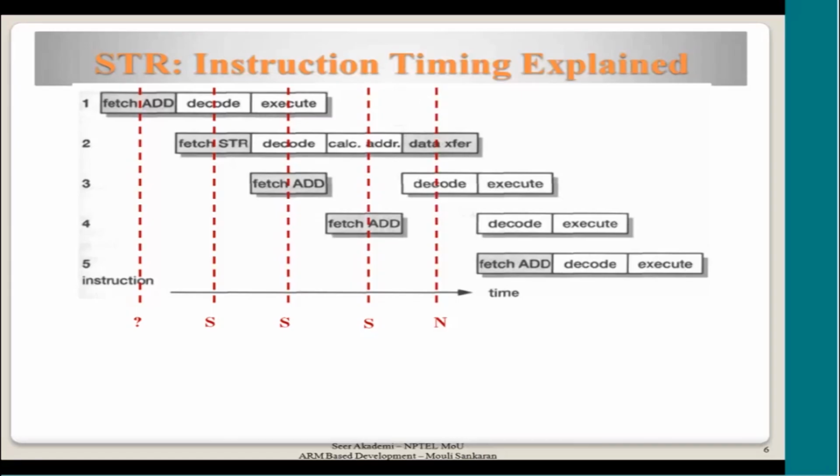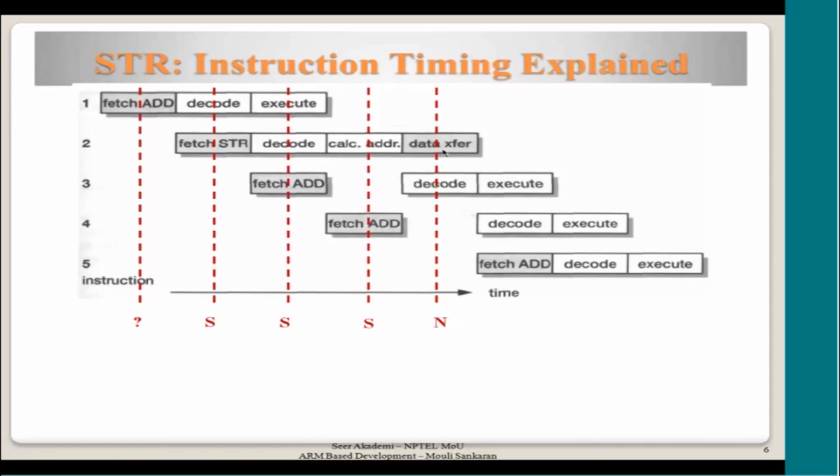Please understand this sequence, how we are deciding whether an N cycle or S cycle is taken by a particular stage. Because this is going to take more time compared to any decode operation that is happening. Now you should be able to guess what is going to be the cycle time here. The most costly in terms of time is fetching, but is it in a sequential access compared to the previous access?